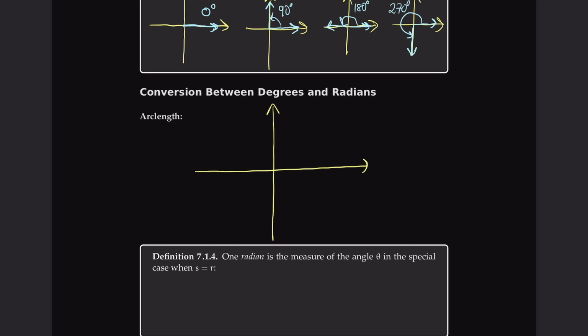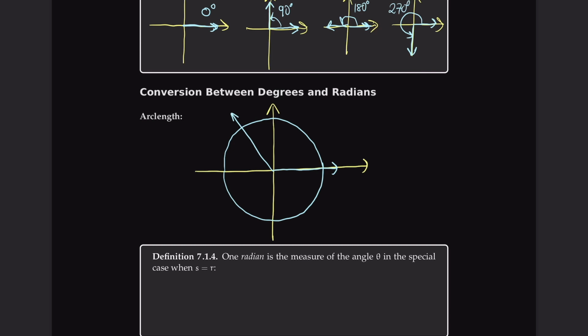So if we are to draw, let's say, a unit circle centered at the origin like this, then we can use arc length to describe angles here. So for example, let's say I have this angle with the beginning side on the positive x-axis, and say the terminal side is over here.